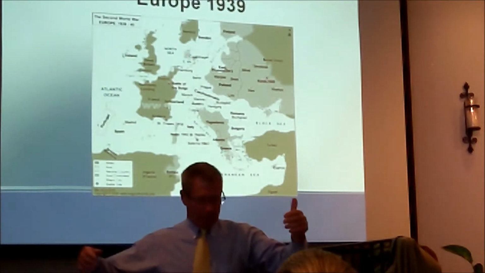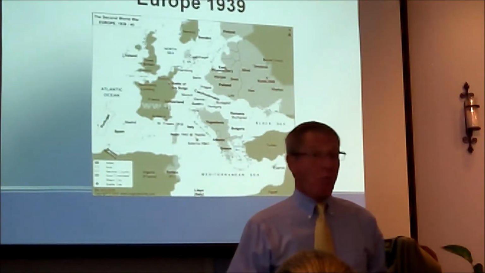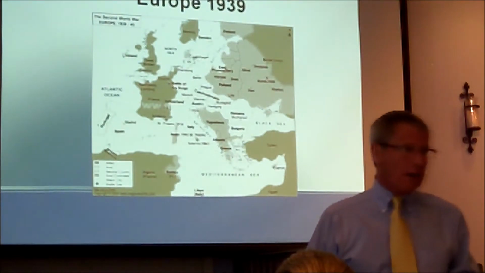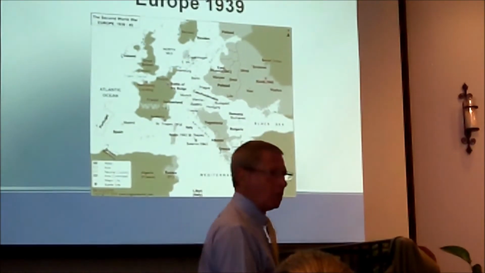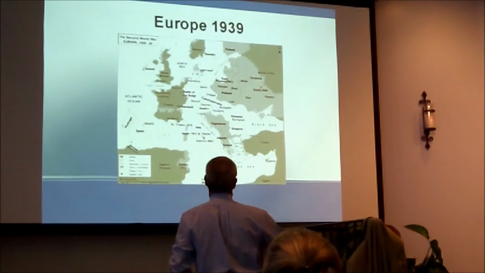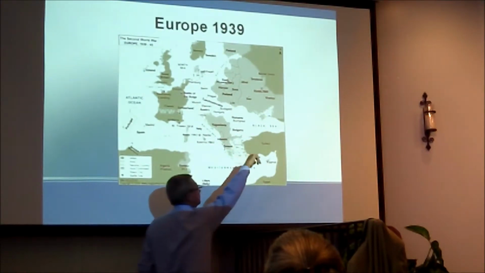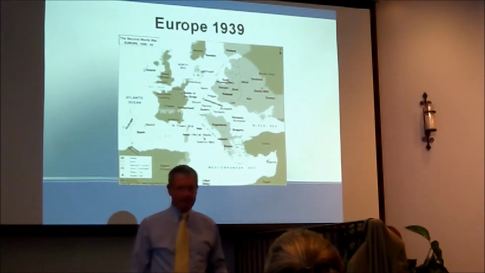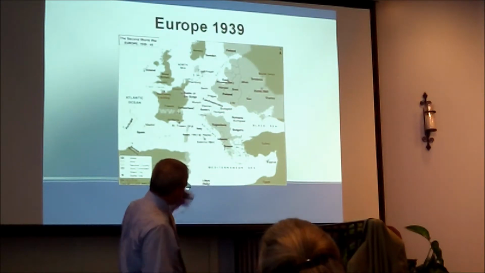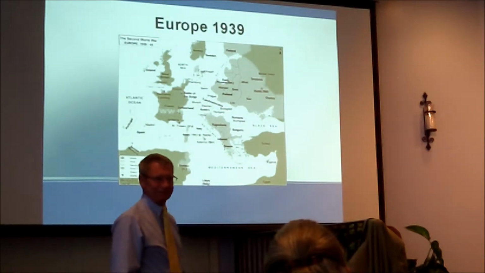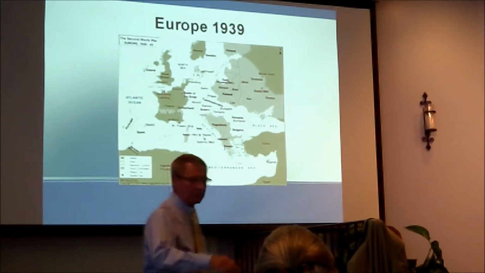They were just overrun. Why? Oil. Oil to fuel the war machine, all through this area called the Caucasus. Plus access to the Black Sea, pretty important.